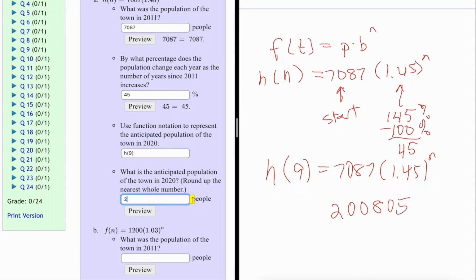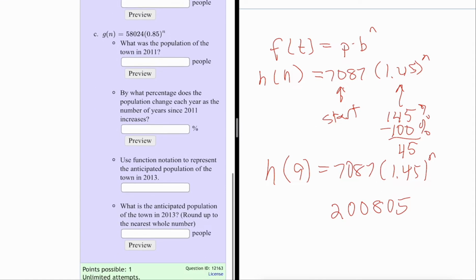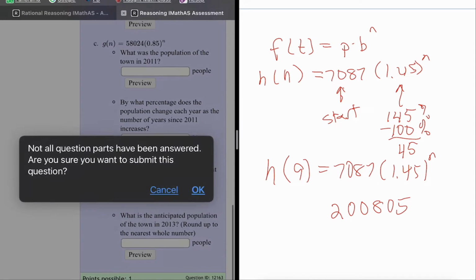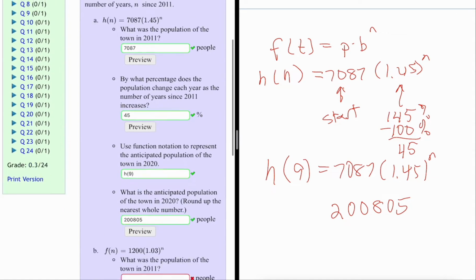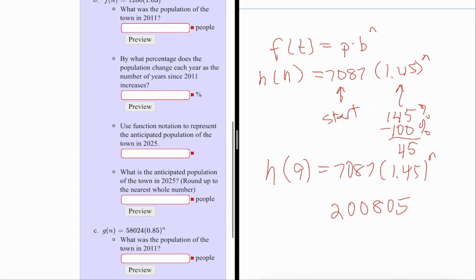So that's what goes here. And then we'll submit this anyway because there's lots of pieces. So that first part, part A, is now done.